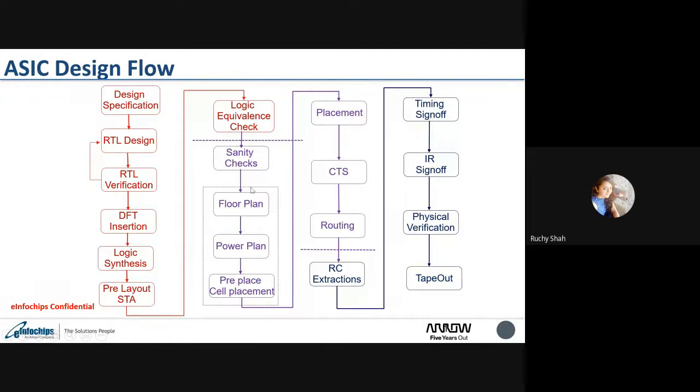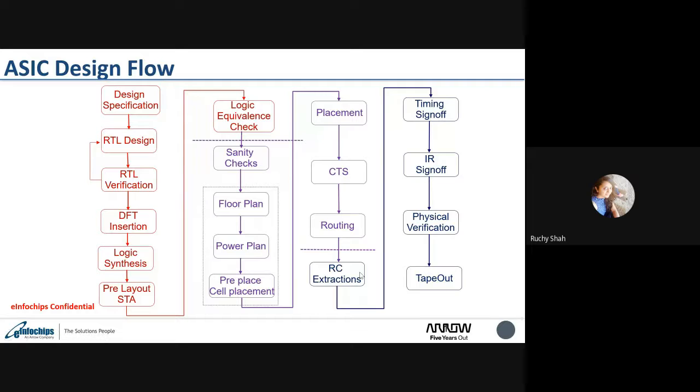Briefly, first we check the sanity, that all the inputs are correct or not. Then we do the floor plan; inside the floor plan there are lots of steps, and we will go into detail in the coming slides. Then comes placement, then CTS, then routing. After routing, we do the RC extraction.